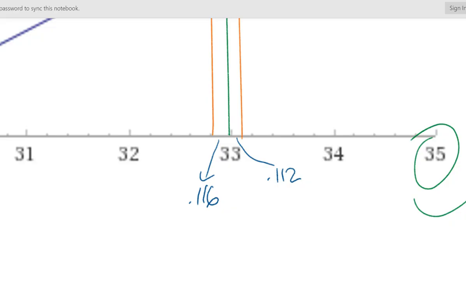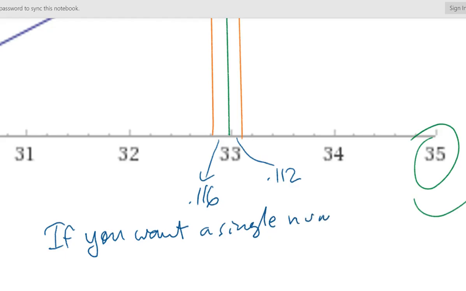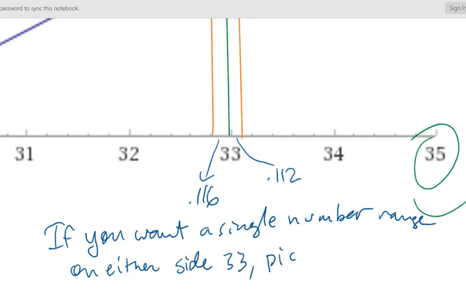So if you want a single number range on either side of 33, pick 0.112.